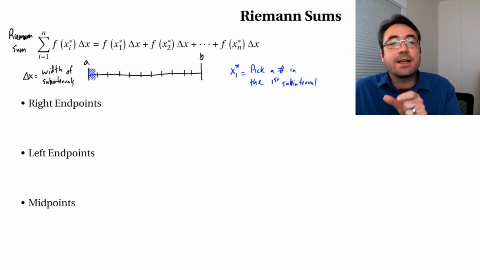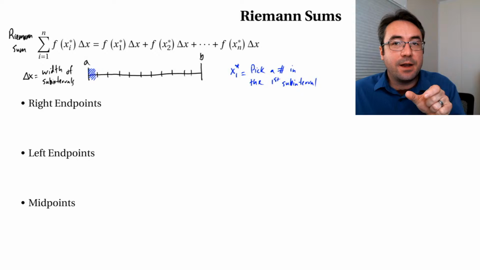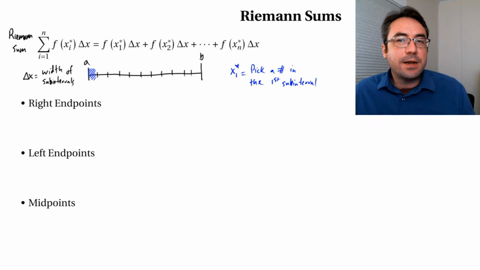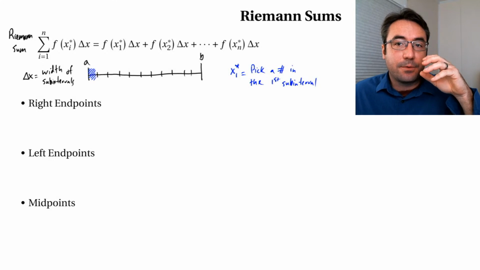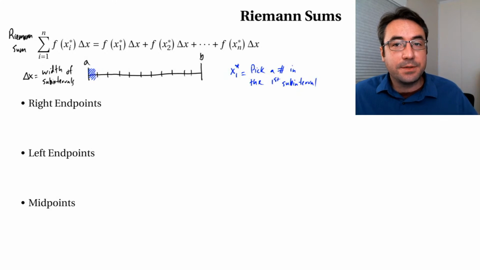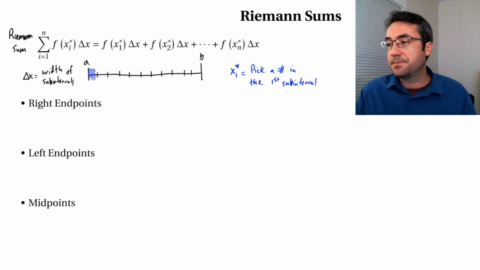And then we go to our second subinterval, we pick a number out of there, and our third subinterval, our fourth, and we just try to be consistent with it. So normally we pick the right endpoints of our subintervals, or all left endpoints, or all midpoints.